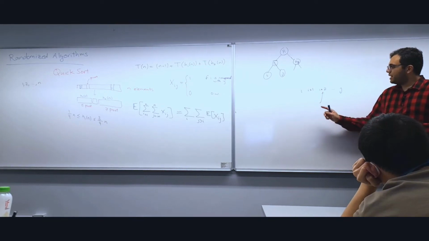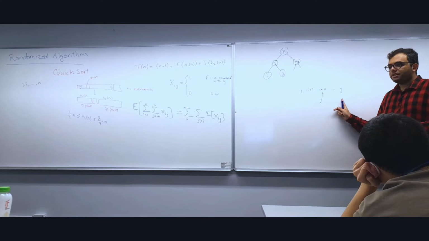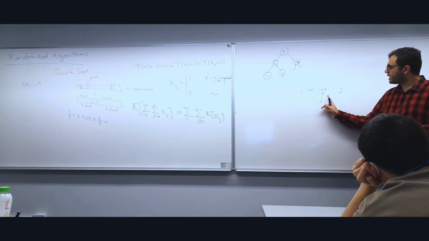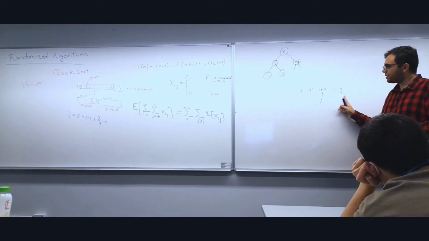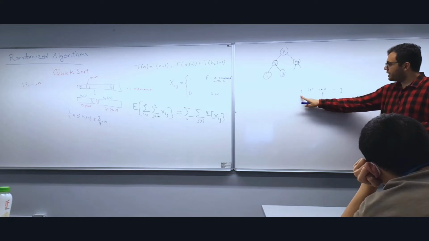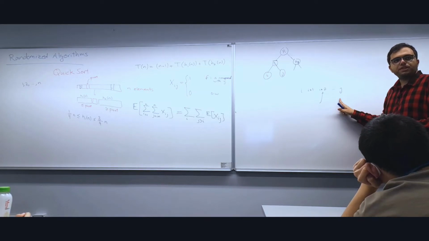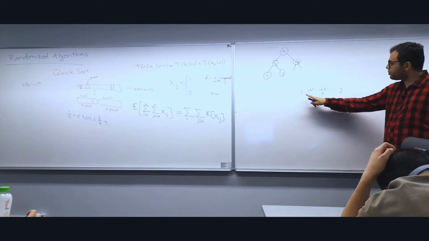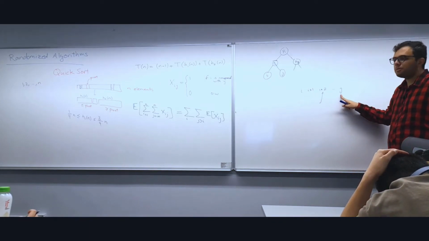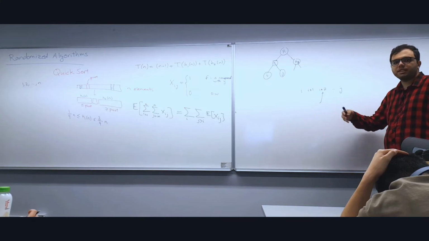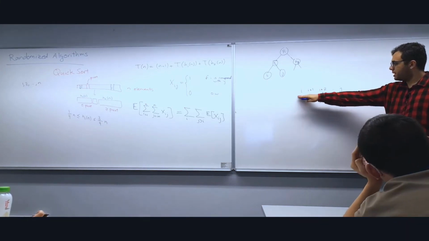So the only way that I and J would be compared against each other is if the first element chosen in this range to be a pivot is either I or J. But we're always choosing our pivots uniformly at random, so each one of these elements has the same probability of being the first one ever chosen to be a pivot in this range.